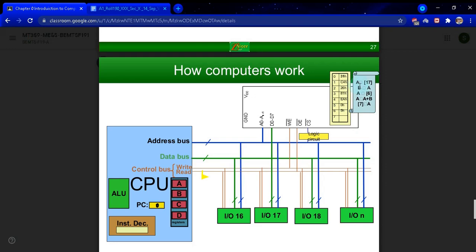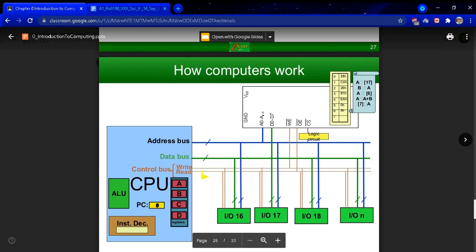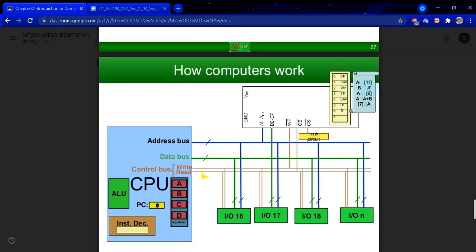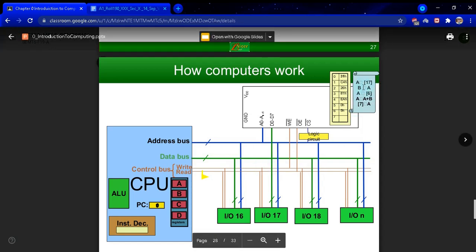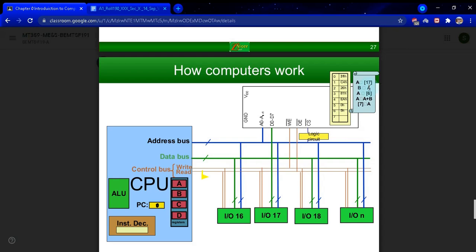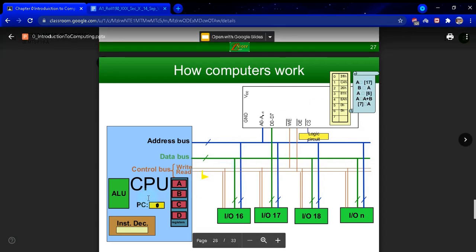First, write the memory of the 17th memory location into A. Then in the second command, transfer that memory data into register B.